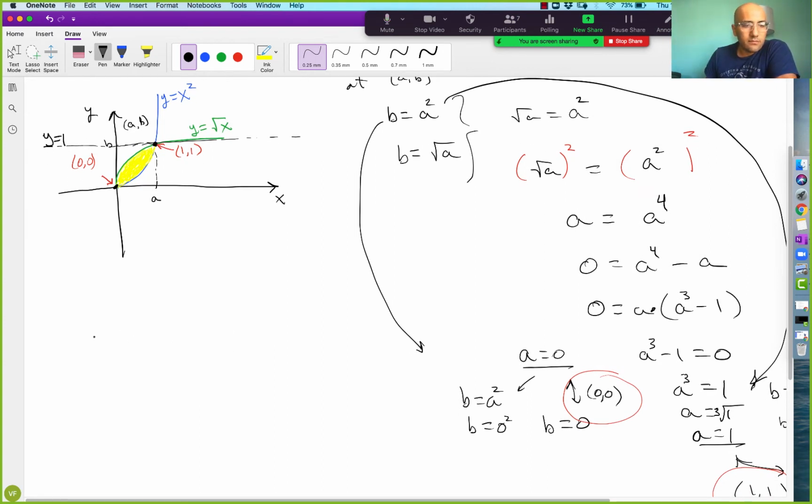And this is where my terrible drawing skills come in. It's going to be this shape this way, and then it's going to have a kind of shape like that, and then it's going to rotate like this, I guess.